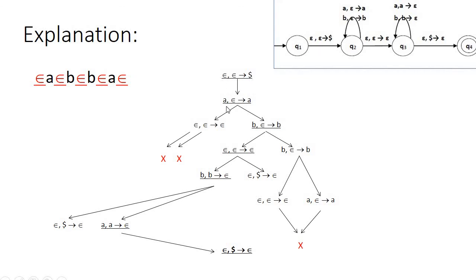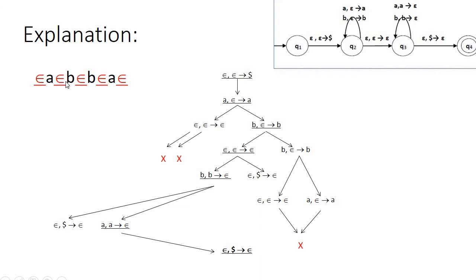We jump down, we are reading A, so at Q2 we can read A and push this A over the stack, so this A is fine.